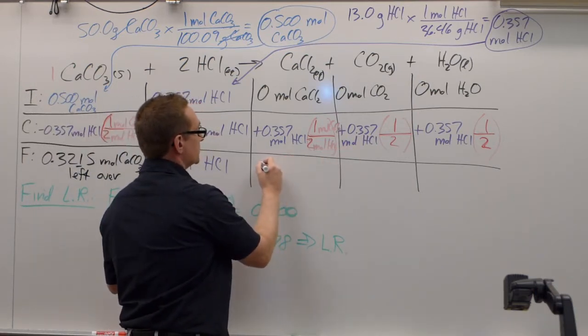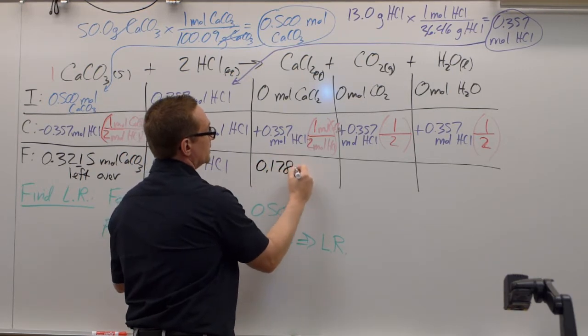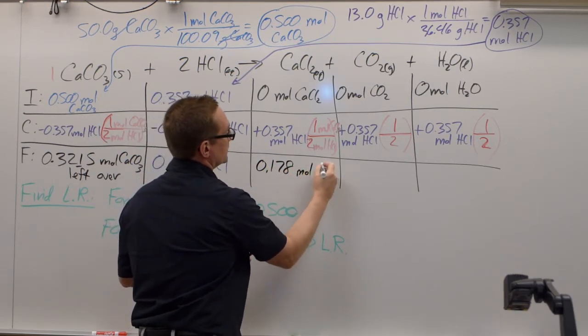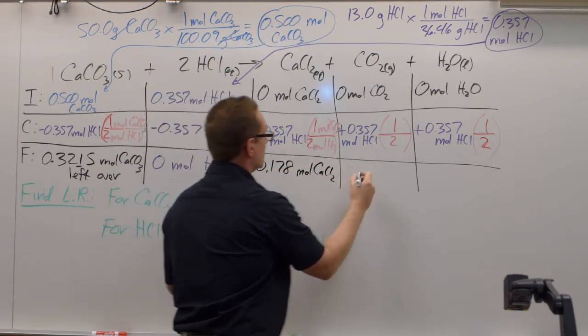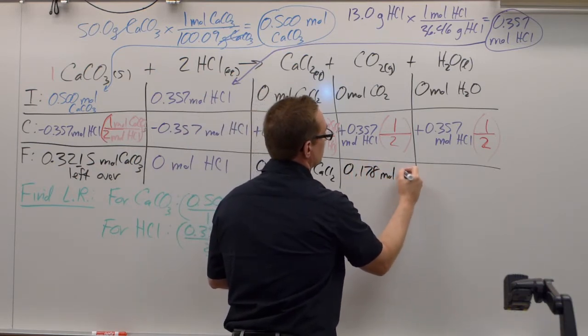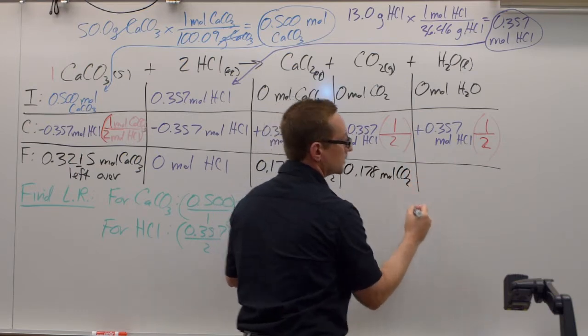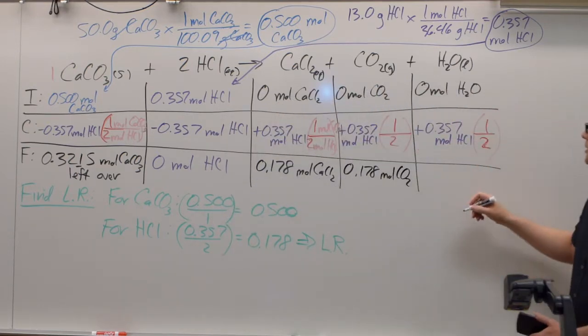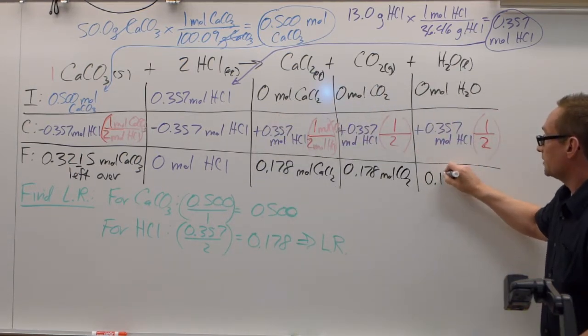And all of these other ones will end up becoming 0.178 moles of whatever it is: calcium chloride, 0.178 moles of carbon dioxide, moles of water, same thing.